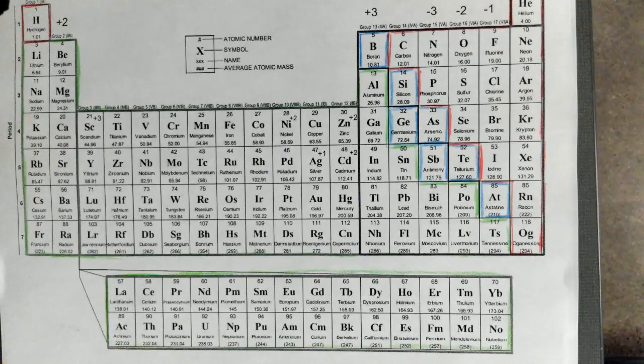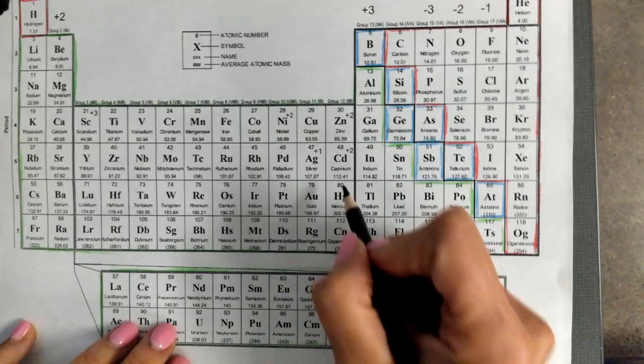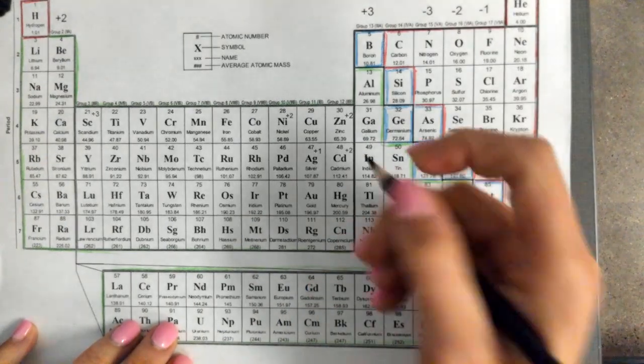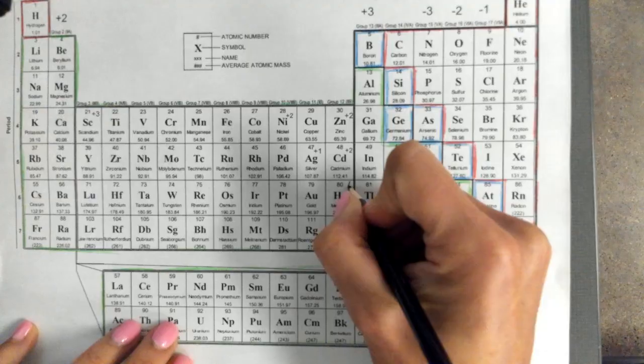Okay, so now what we're going to do is we are going to draw a black water droplet or a dot to show the elements that are liquid at room temperature. Okay, so the elements that are liquid at room temperature are mercury, which is right here. So I'm going to go ahead and I'm just going to draw a black dot.